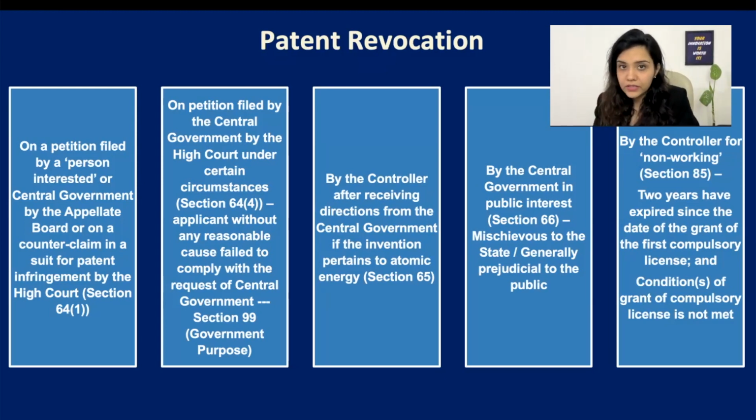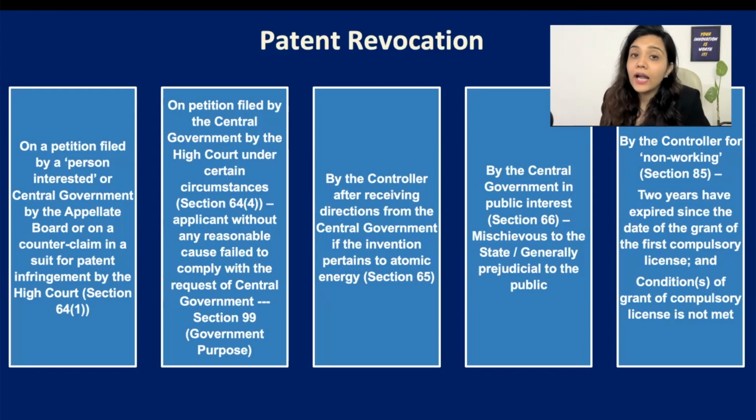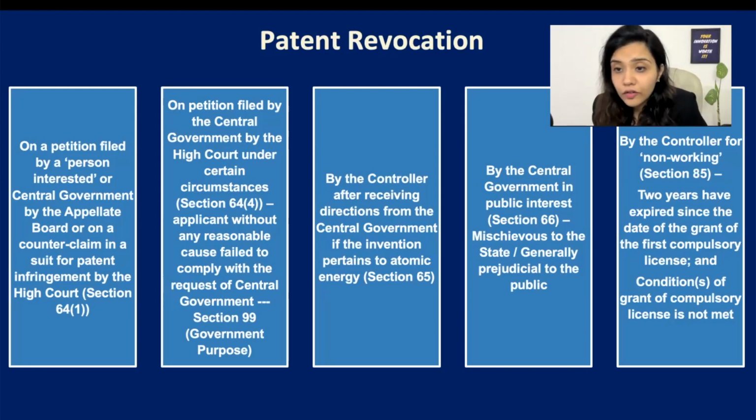We'll study compulsory license just now, but it is important to understand here that for a period of first 3 years from the date of grant, a compulsory license cannot be granted. Still, when a compulsory license has been granted, 2 years have expired since the grant of the first compulsory license, and after the grant of the first compulsory license, the conditions of the compulsory license are not met.